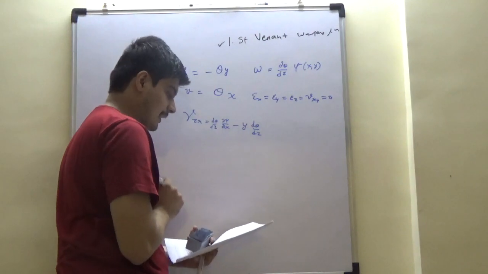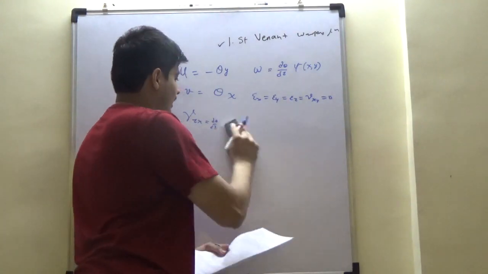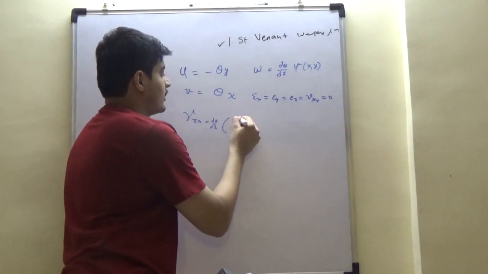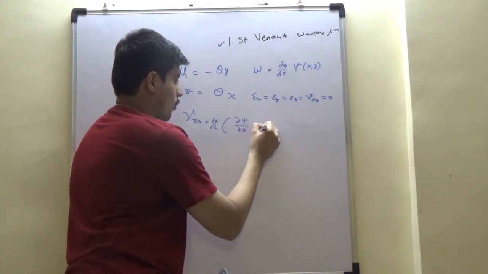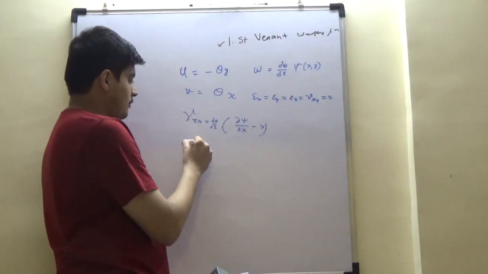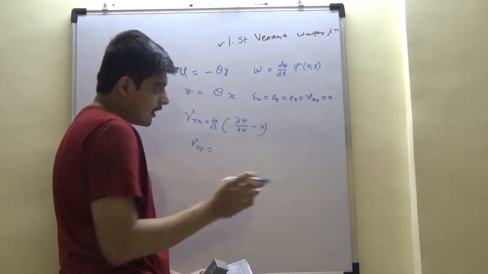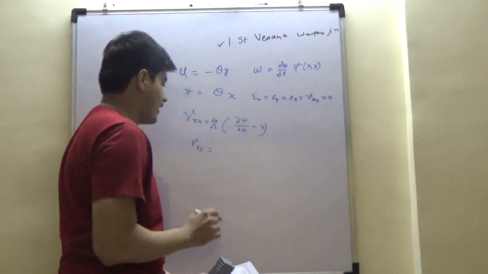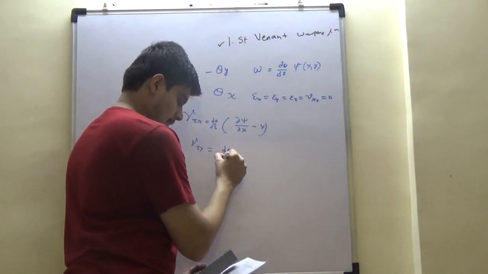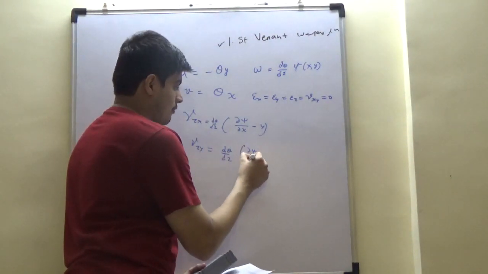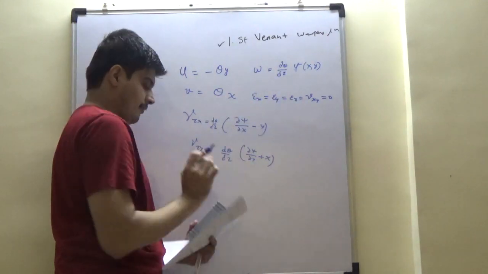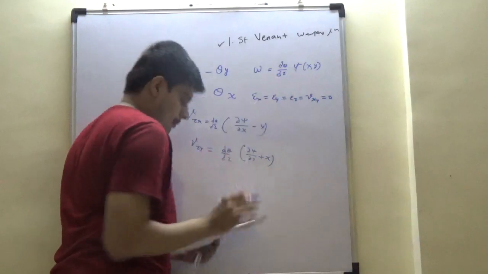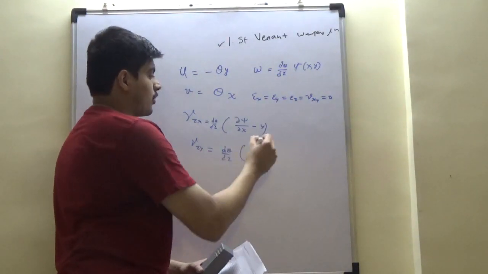So d theta by dz can be brought out, and you have this del psi by del x minus y, right? Similarly, gamma yz, which is the other remaining component of the strain, is d theta by dz times del psi by del y plus x, right?